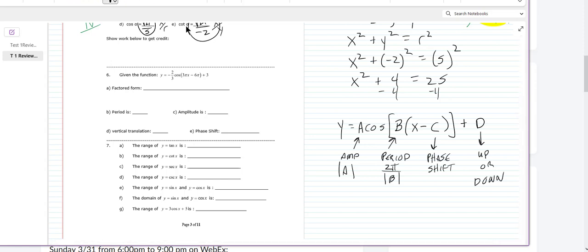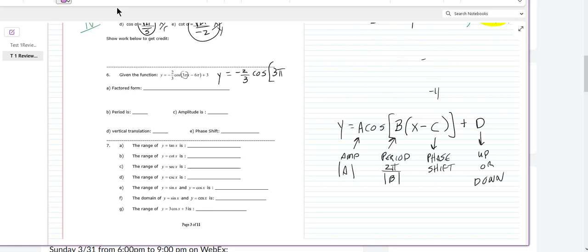So what you want to do with this one is put this in a factored form first of all. So what I'm going to do is write this as y equals negative 2/3 cosine, and you're going to factor out whatever is in front of x. In this case, 3 pi is in front of x. So that's what has to get factored out of there.